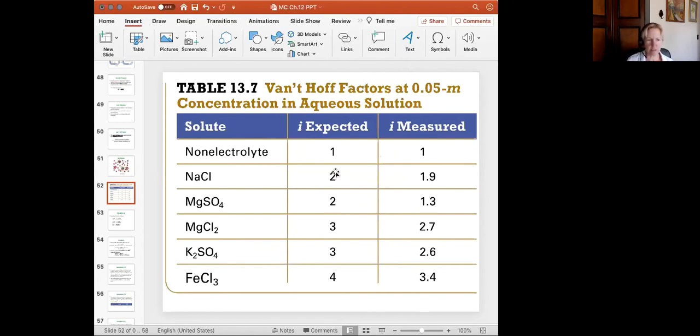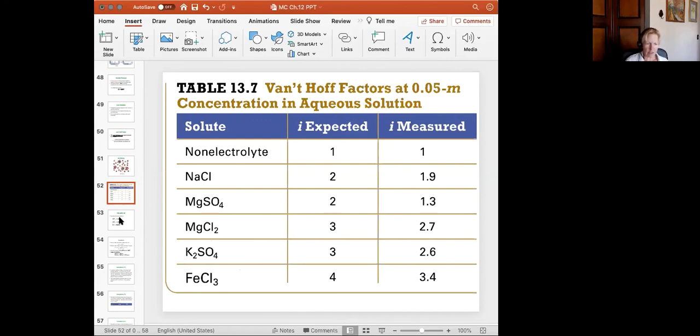But what you start to see is that the i you would predict based on the number of ions in that formula is going to be a little bit lower than what you actually see. That's because as I get more ions in solution, and as those ions have more charge, there's more opportunity to form those ion pairings. And so your measured i might be slightly less.